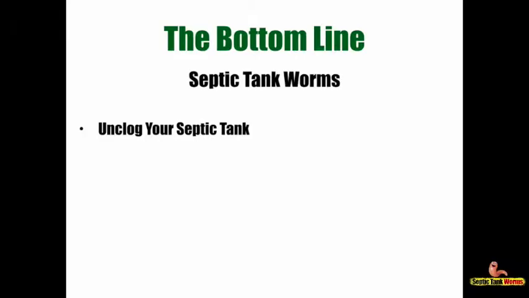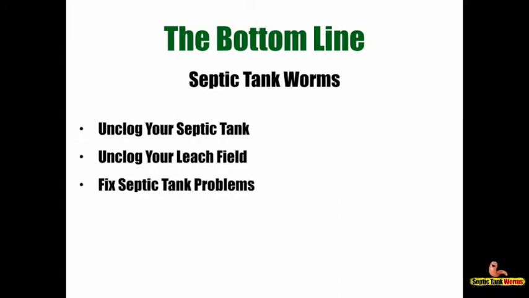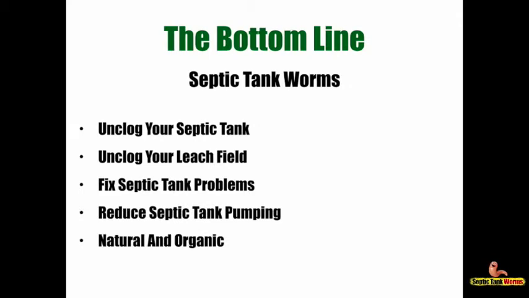The bottom line is that septic tank worms unclog your septic tank. They unclog your leach field. They fix septic tank problems. They reduce septic tank pumping times. They're natural, they're organic, and they'll save you thousands of dollars on repair costs.